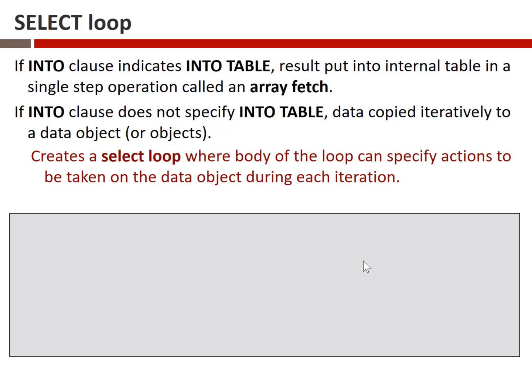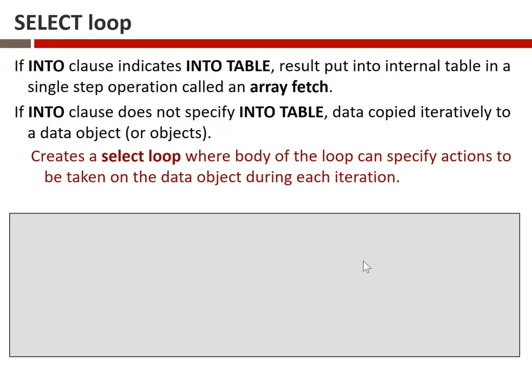I automatically get a select loop when I write a query and don't put the results into an internal table. So even though the syntax looks really, really similar, the computational operation is very, very different because we're no longer doing an array fetch, which is a one-time grab of a bunch of data, giving it back to you in one operation.